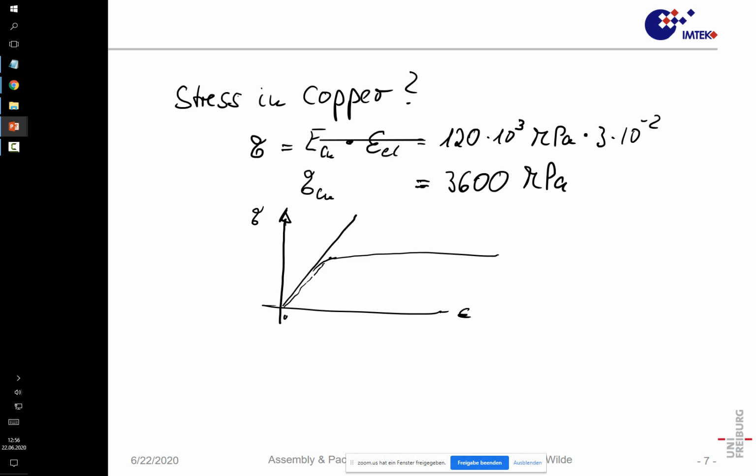So that's typically 0.2%, just that offset. And that material yields, yeah? That's a yield limit.